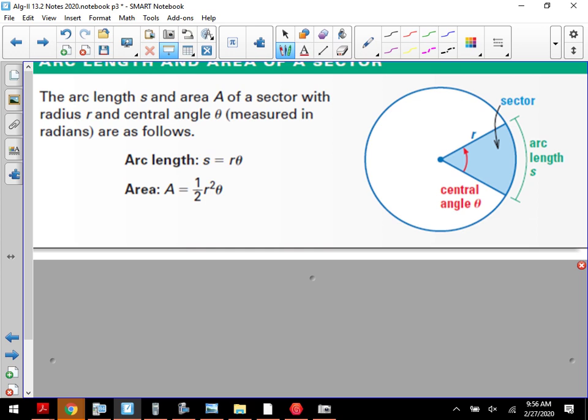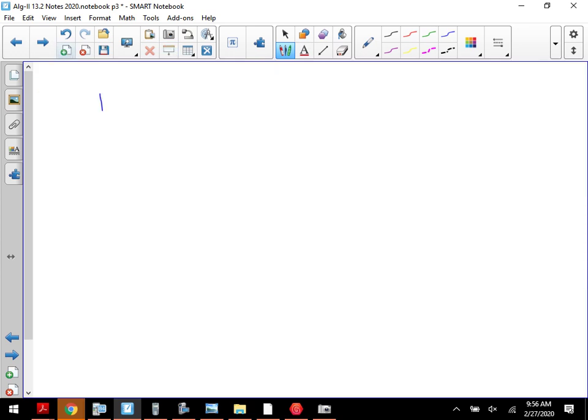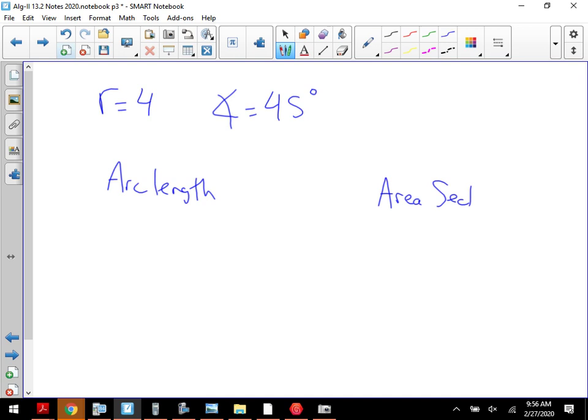For example, if I have a radius of 4 and an angle of 45 degrees. Make it easy to start with. I want to do arc length and I want to do area. So for arc length, the first thing we have to do is convert to radians.